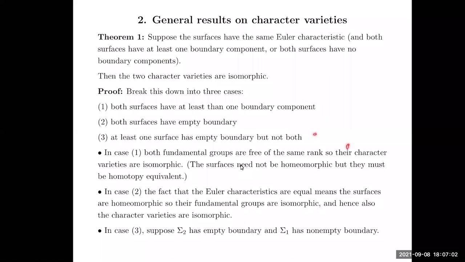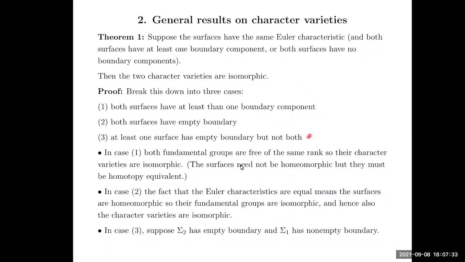So in case one, both fundamental groups are free of the same rank. So the character varieties are isomorphic. The surfaces don't need to be homeomorphic, but they must be homotopy equivalent. In the second case, the Euler characteristics are equal, so the surfaces are homeomorphic, so the fundamental groups are isomorphic, and so the character varieties are also isomorphic.